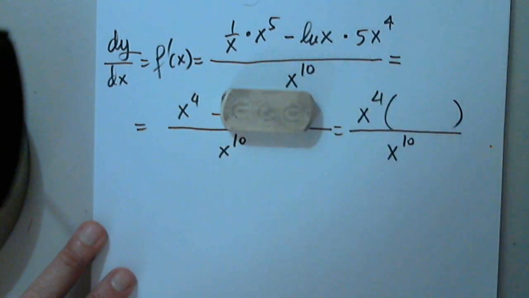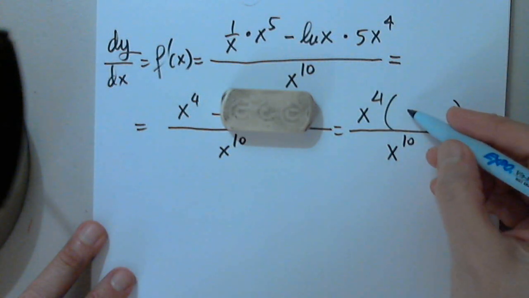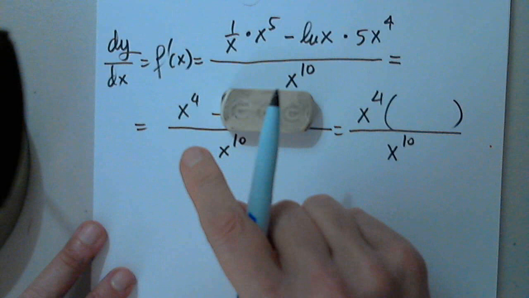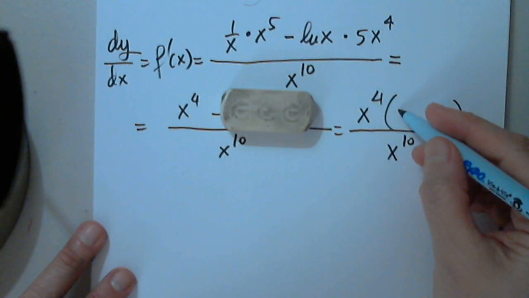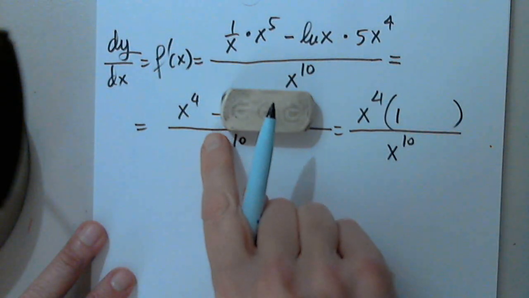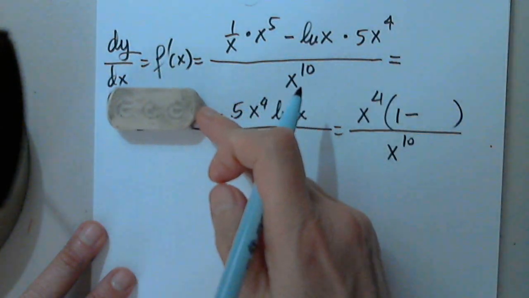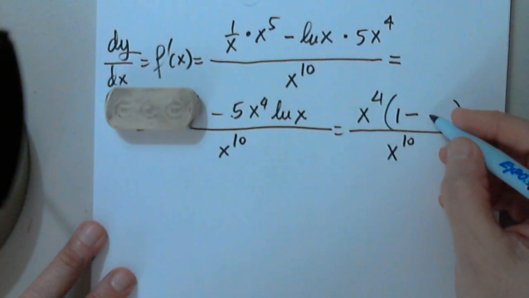I have not reached the second term. I have to finish the first term first. So that will be 5x. I have not finished with the first term. 1. Very good. Now I have minus. And now, what is left from the second term?